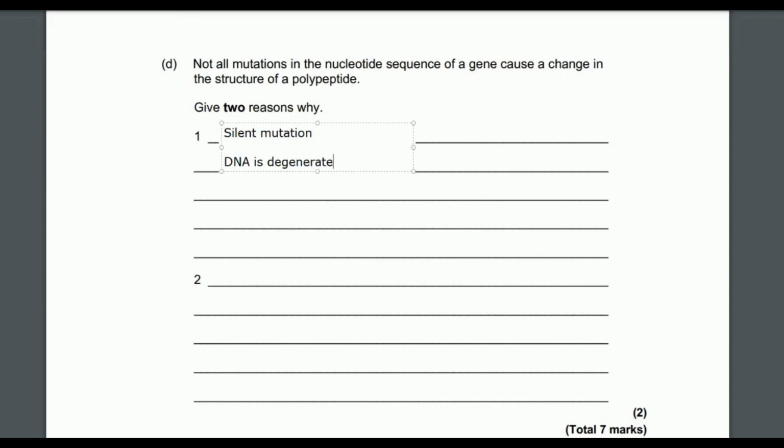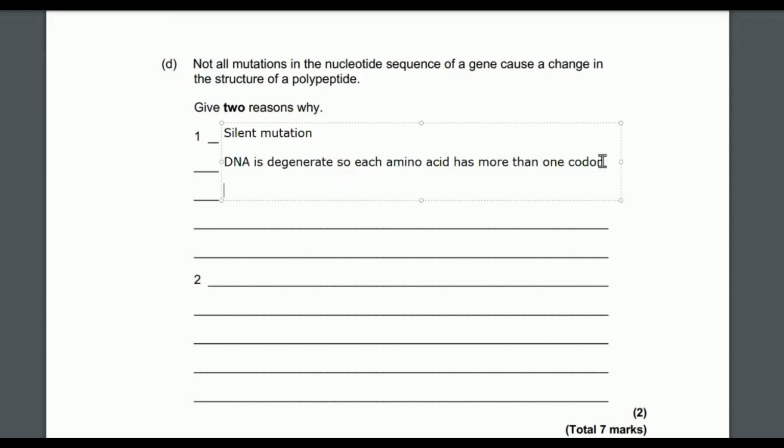DNA is degenerate. So each amino acid has more than one codon. So changing the triplet code may not change the amino acid. Let me give you an example. CCC codes for glycine.